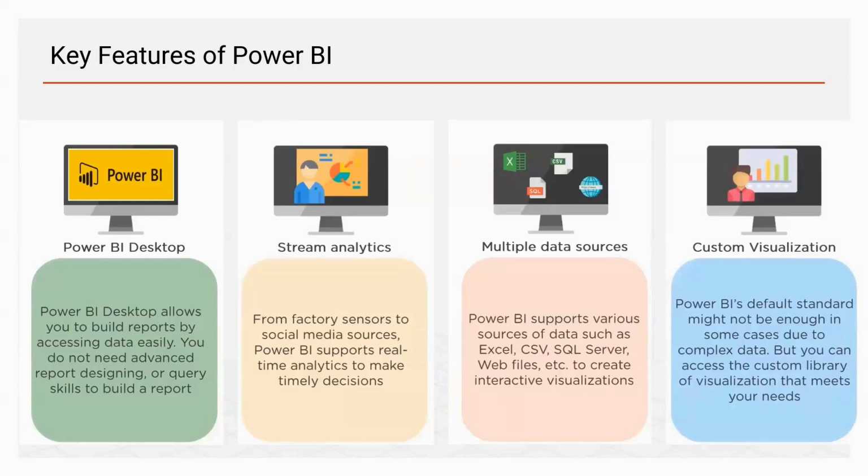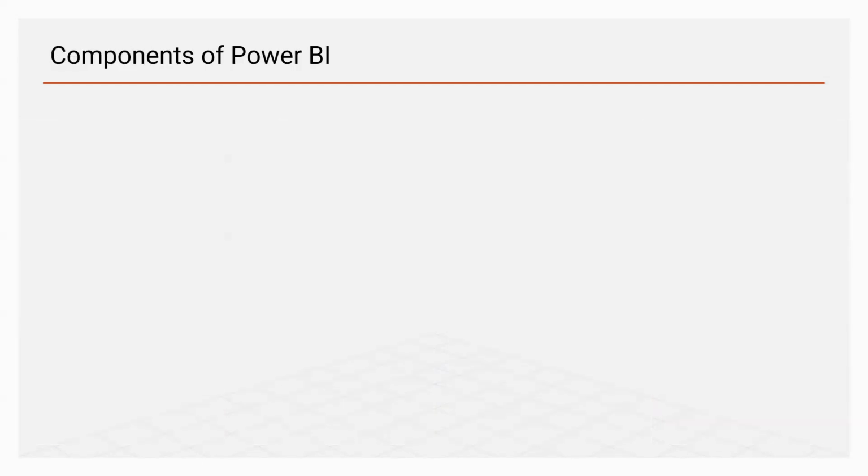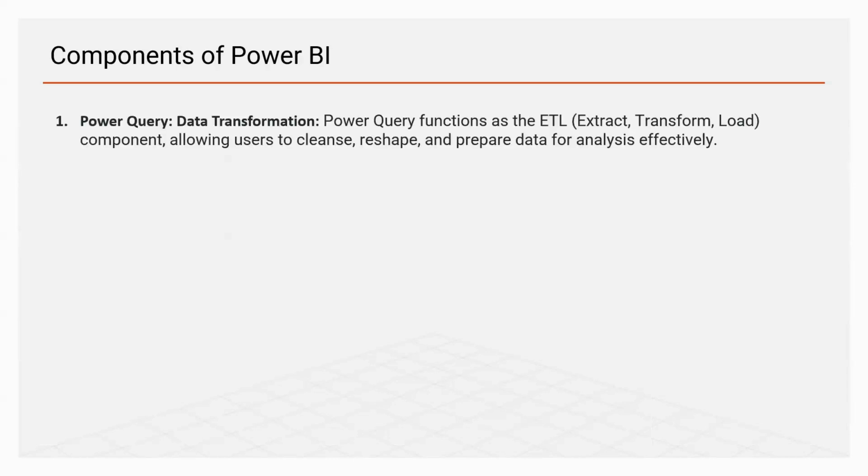Now let's jump on to discussing various components of Power BI. As you can see, there are five major components of Power BI. Now let's discuss one by one. First is Power Query.